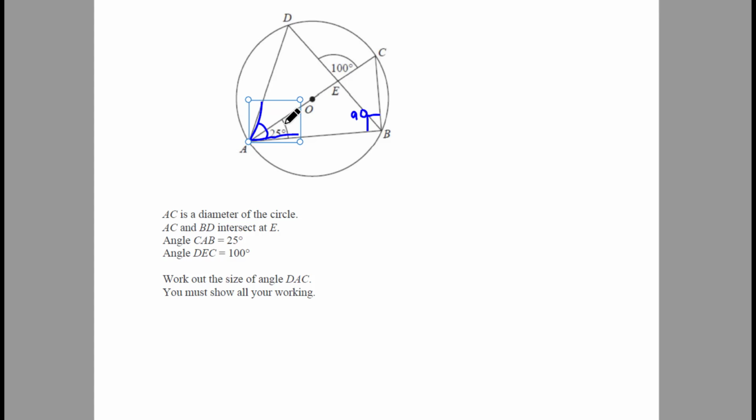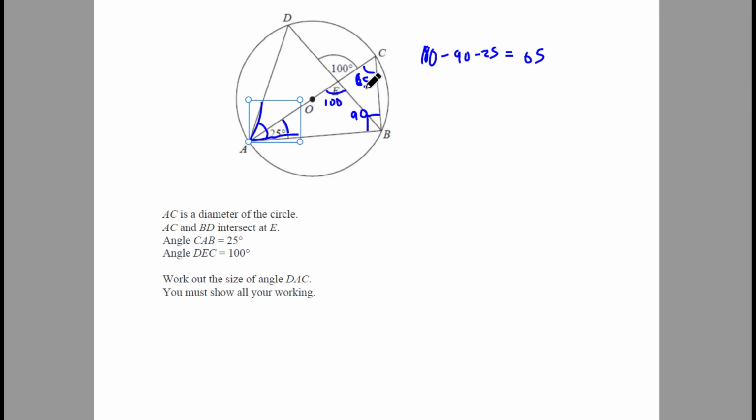Now if this is 25 here, we know the triangle ACB has got to equal 180, so we need to have 180 minus 90 minus 25, which makes this angle 65.